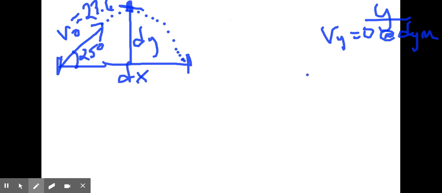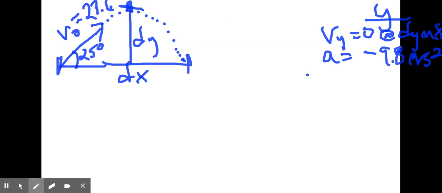So at the maximum height, we have a vertical velocity of 0 up here at the top. Other things that we know: our acceleration in the y is equal to negative 9.8 meters per second squared. So that's another thing that we know.